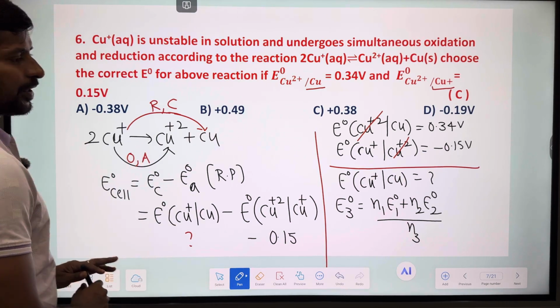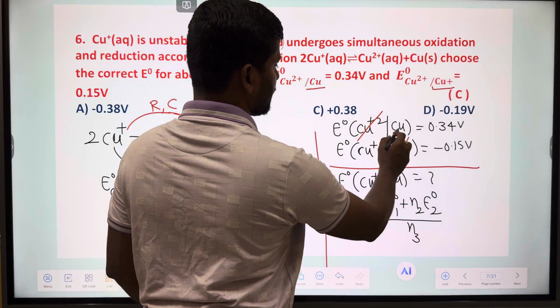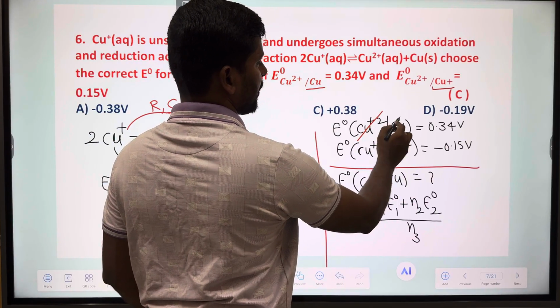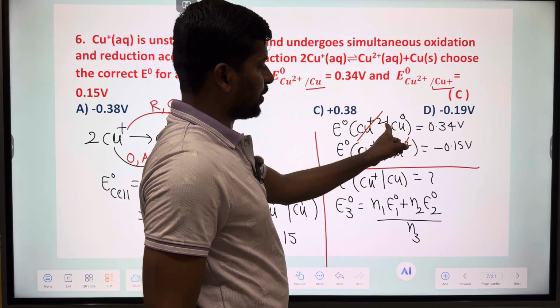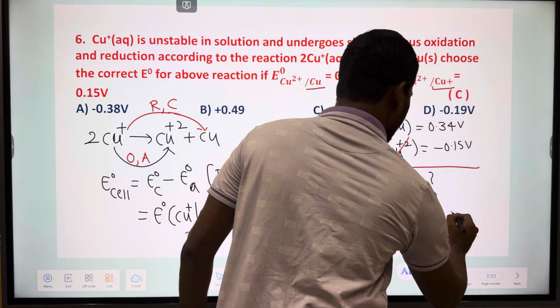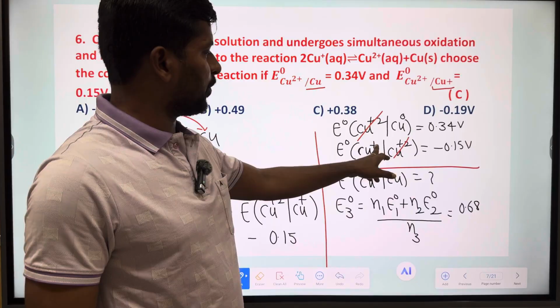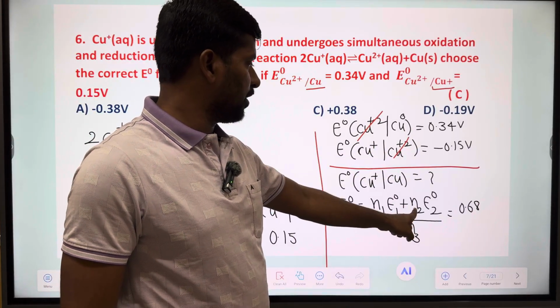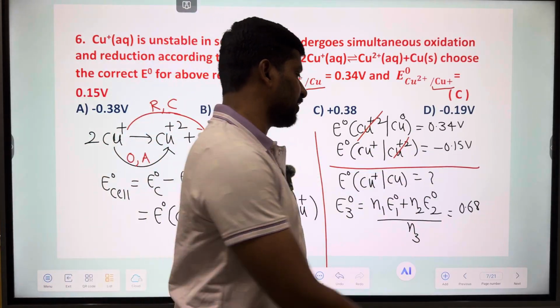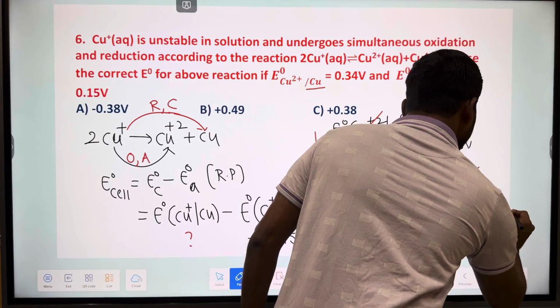Now substitute the data. N1 in the first reaction, how many electrons are involved? Plus 2 to 0, 2 electrons, and 2 into 0.34 is 0.68. In the second one, plus 1 to plus 2, only one electron is involved, so minus 0.15, by N3.